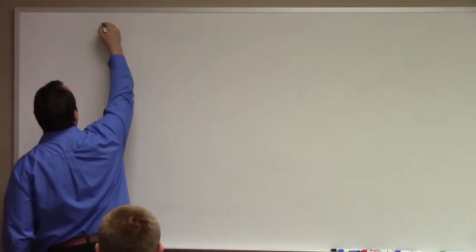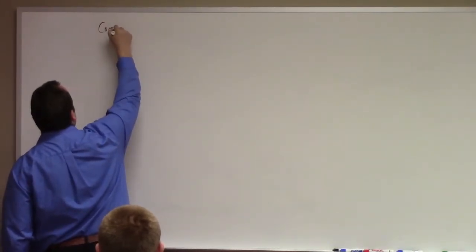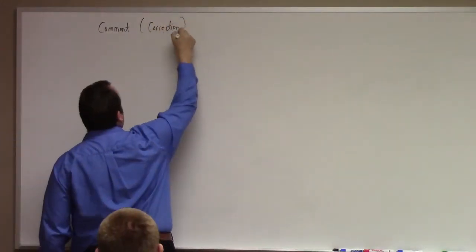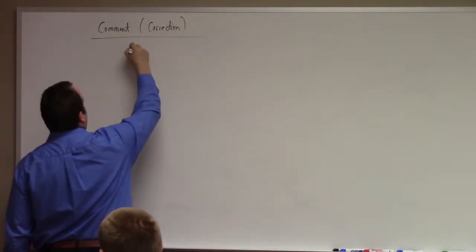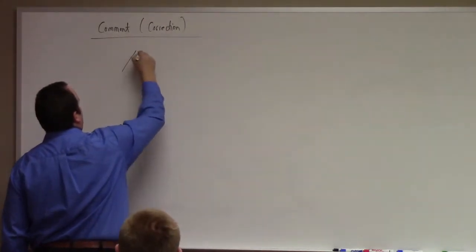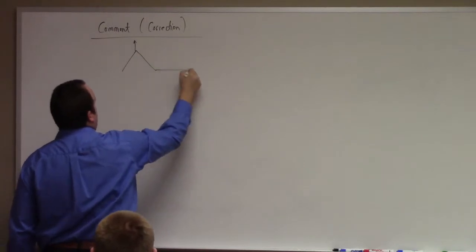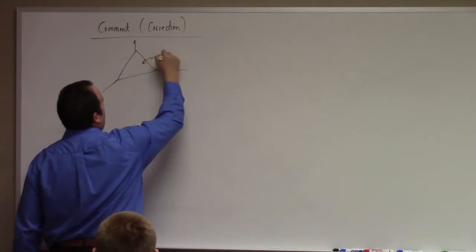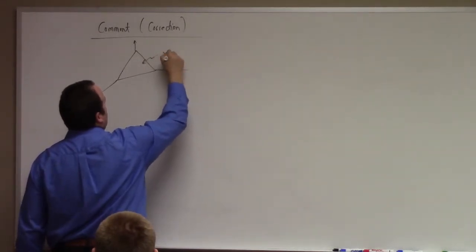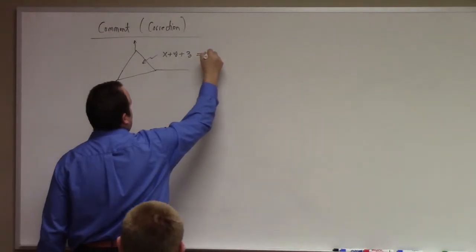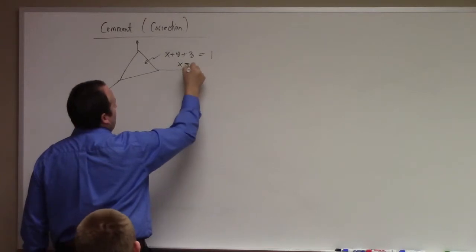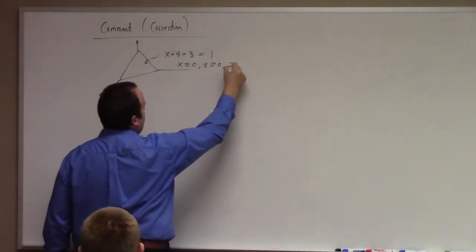Okay, so without further ado, a couple of examples, or a correction. So if I wanted to calculate integrals over this solid, here we have x plus y plus z equals 1, and also x greater than or equal to 0, y greater than or equal to 0, z greater than or equal to 0.